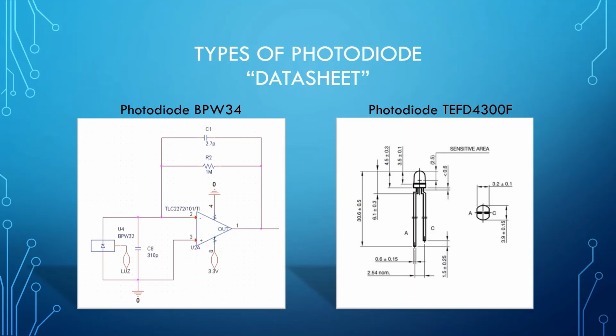And the right picture represents an avalanche type photodiode, and its reference is TDFD4300F. So this is the PIN type photodiode receiver. It is manufactured from silicon. The peak sensitive wavelength is 950 nanometers typically.